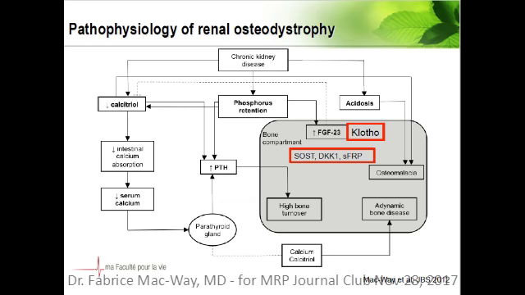Maybe she has hyperparathyroidism bone disease, even if PTH is not that high. Or a mixed osteodystrophy, a mix of A and C. Osteoporosis, does she have osteoporosis? Maybe. Or finally, it's very difficult to know the type of bone disease the patient has.